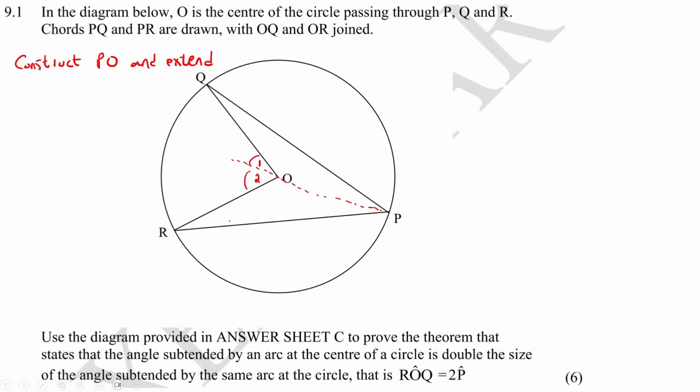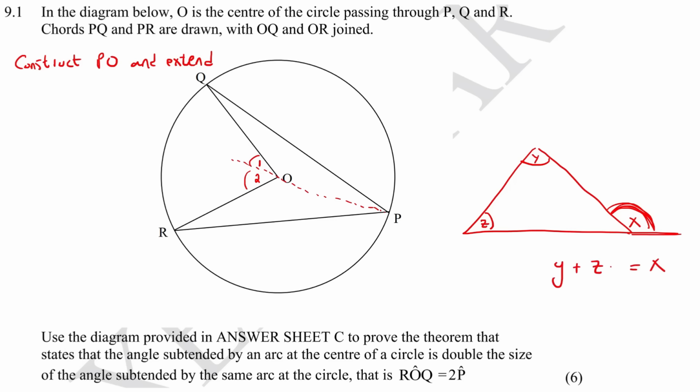Okay? Now, what we need to remember is if you have a triangle, the angle that is on the outside of the triangle, like this one over here, is always going to be equal to the two opposite angles added together. So if this is x, this is y, and this is z, then x will always be the same as y plus z.